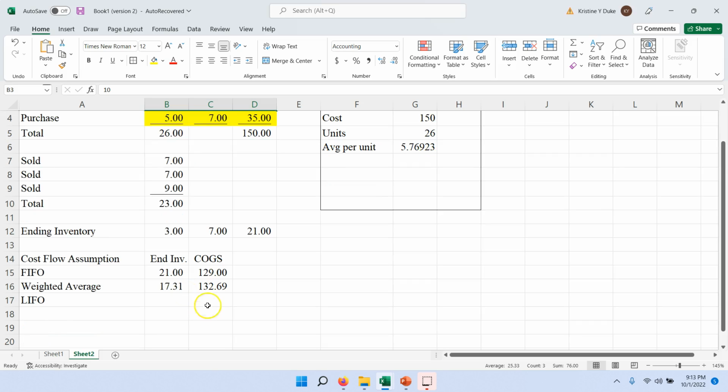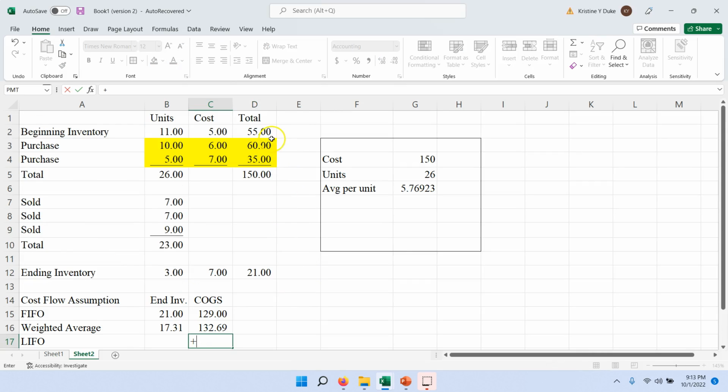So let's go ahead and do my cost of goods sold. I'm going to do the 60 plus the 35 plus, there we go. And I know that I took 5 of those units. I believe I took, did I take 5, 10, 15, 5? No, 8 of those units. Whew, almost had it there.